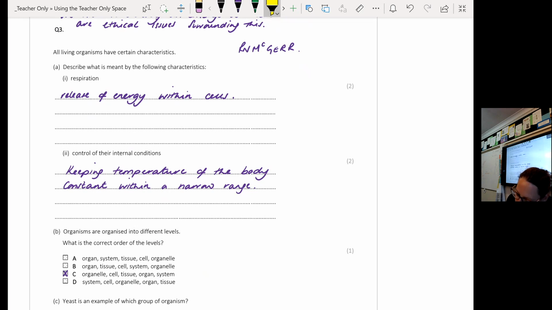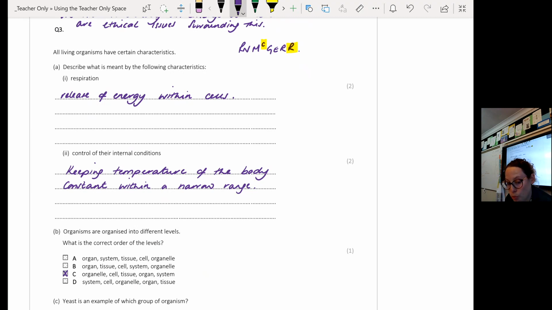So much easier when it was Mrs Gren. But it's asking you to describe what two of these things mean. So we're looking at the control and we're looking at the R, one for respiration. And which R you have, I've just highlighted the last one. Now, the R one, describe what is meant by respiration.